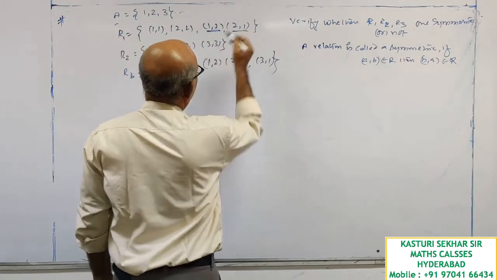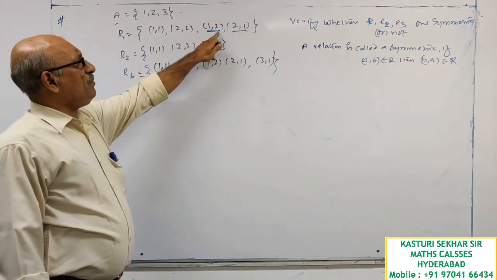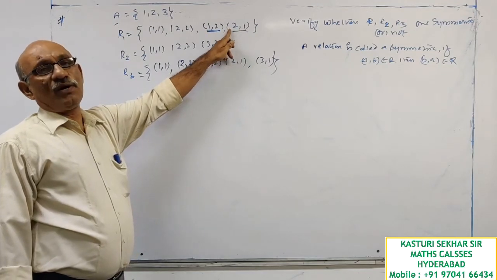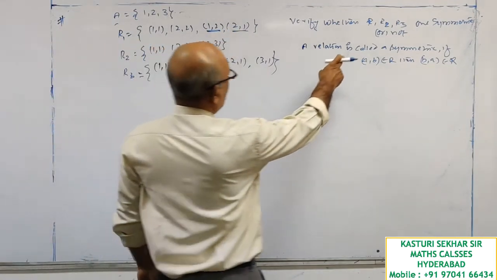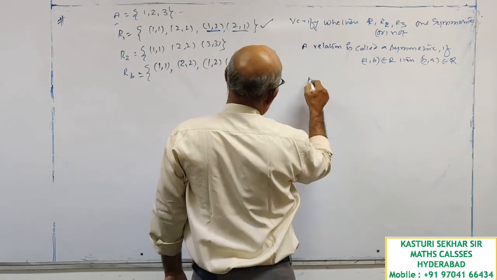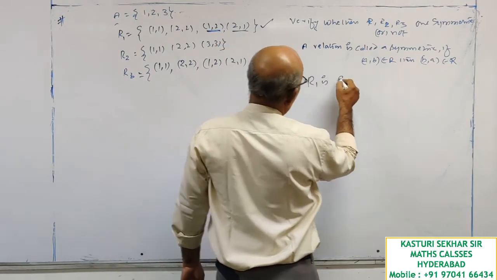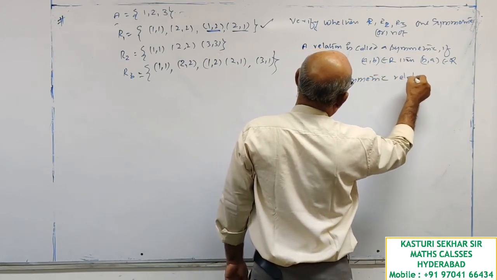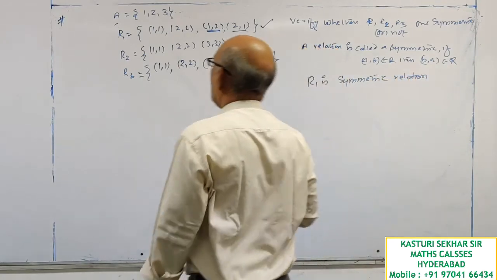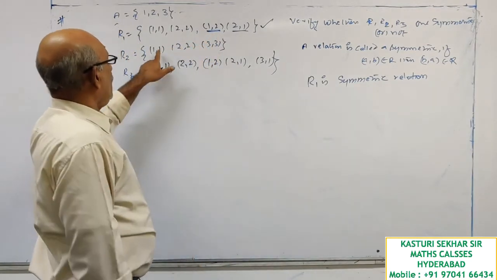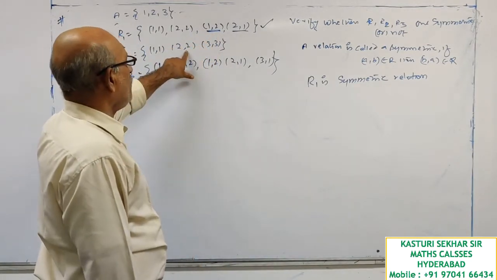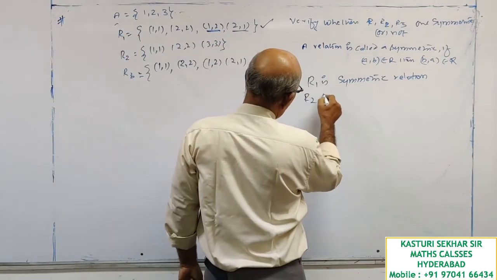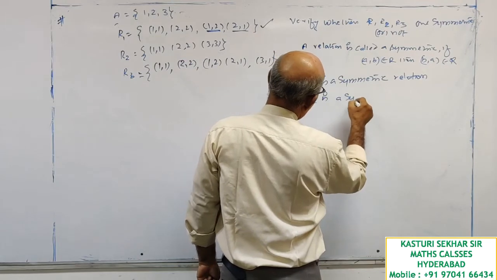Look at these two: (A, B) belongs to R, so (B, A) also belongs to R. This condition is satisfied here, so R1 is a symmetric relation. Next, R2: (1, 1) reverse order is also (1, 1), (2, 2) the same, so R2 is a symmetric relation.